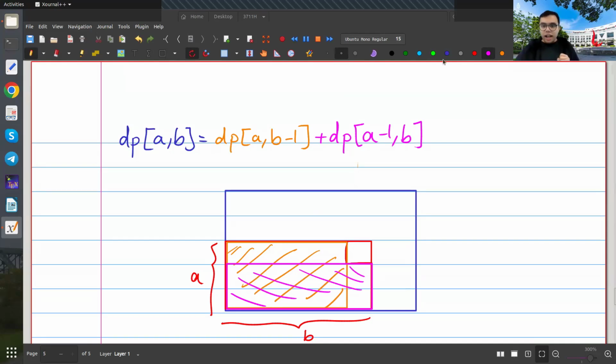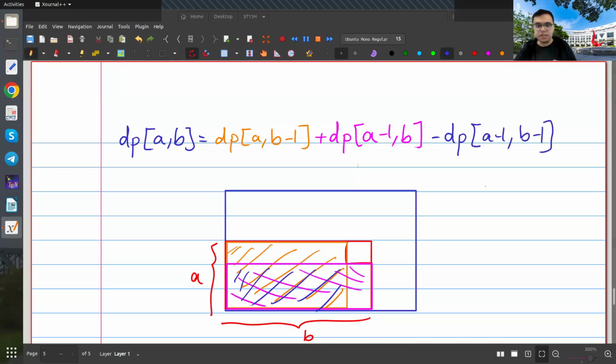So I just subtract everything in here. So minus dp of A minus 1, B minus 1. And finally, I have this one element here that I have to add. So what is this one? This is just the element A of AB. So I just say plus A of AB.